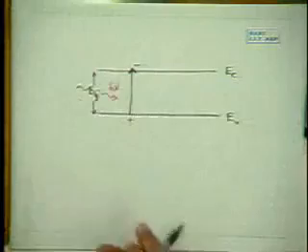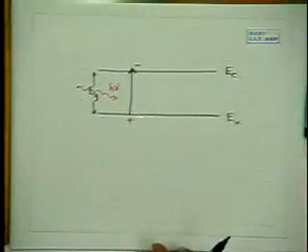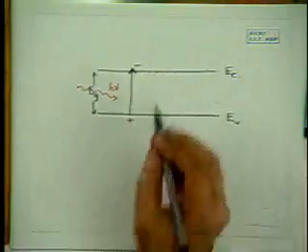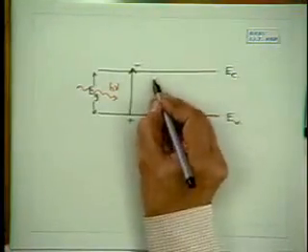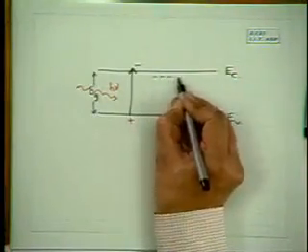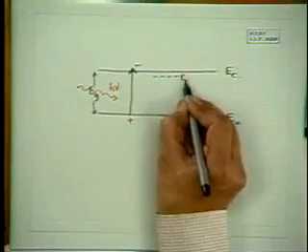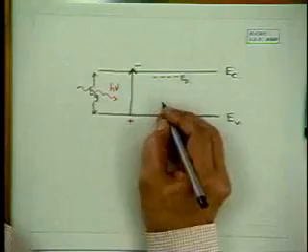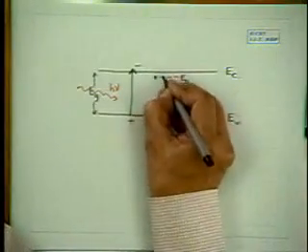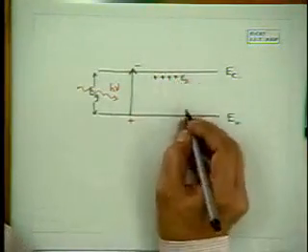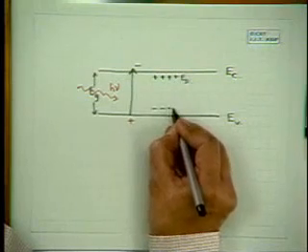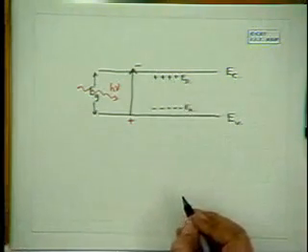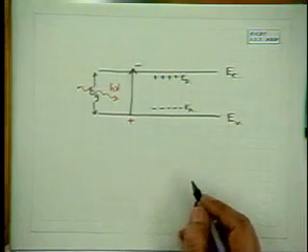The other types of absorption that I mentioned, impurity absorption, can be depicted in the same diagram as follows. We know that there are donor levels which are just below the conduction band, and positively charged donor levels and negatively charged acceptor levels just above the valence band.